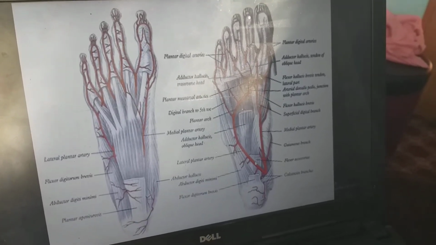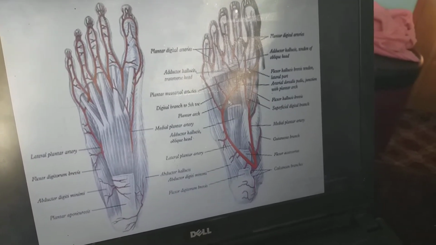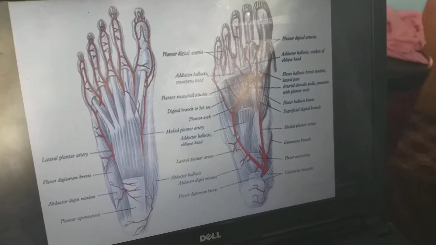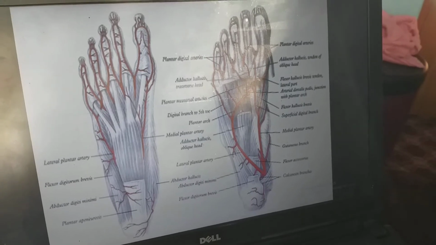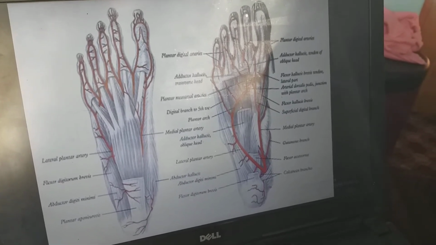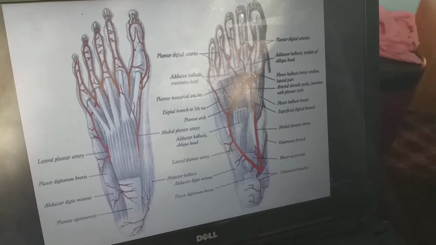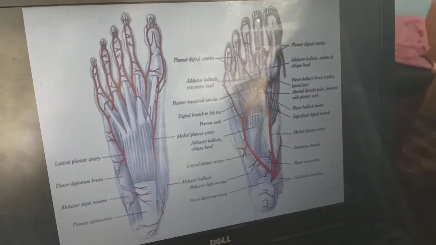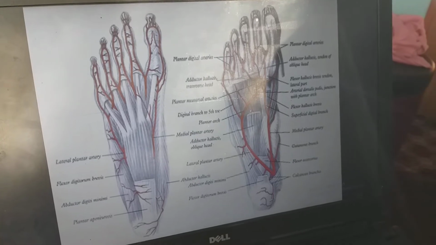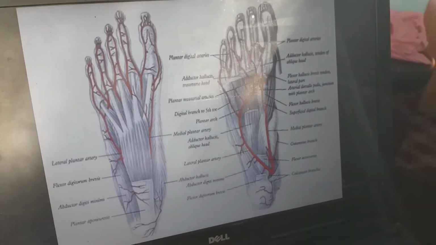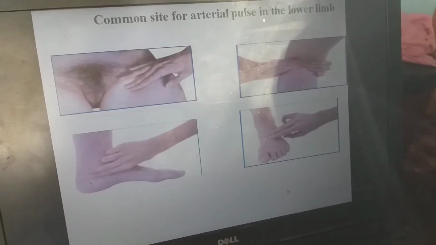The larger one, which is moving on the lateral side, is the lateral plantar artery. Both of them are from the posterior tibial artery. Then they will give you the plantar metatarsal, then the proper digital artery. Finally, up to the tip of the finger is supplied both on the dorsal side and on the plantar side.